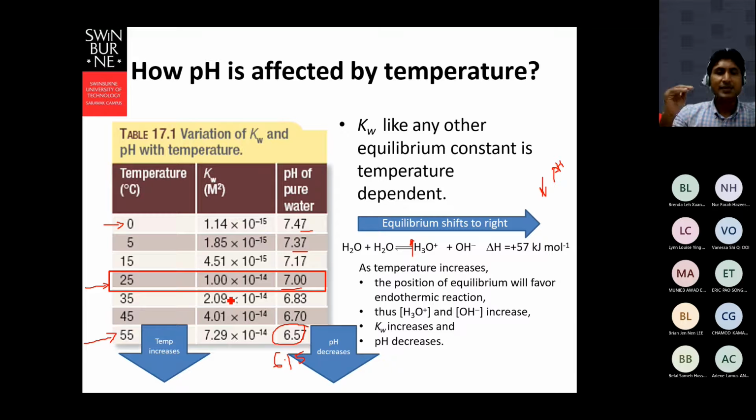So it's the new normal. At that temperature, it is a new normal. The pH may be higher or lower, it doesn't matter, but the water still has an equal amount of hydronium ion and hydroxide ion. And that is why the water is still neutral.